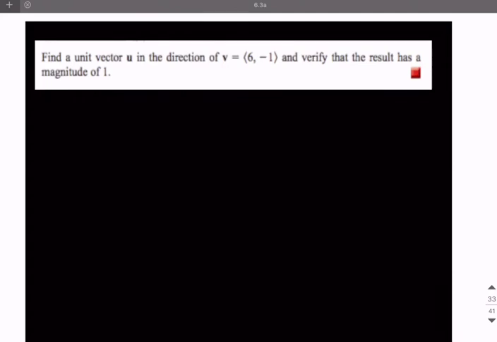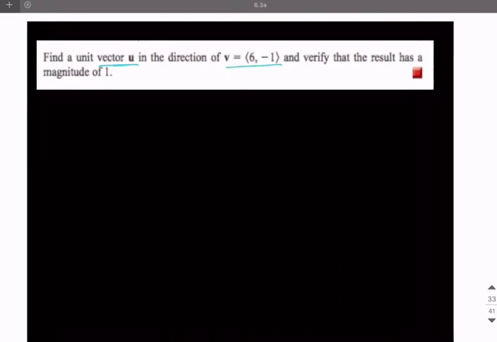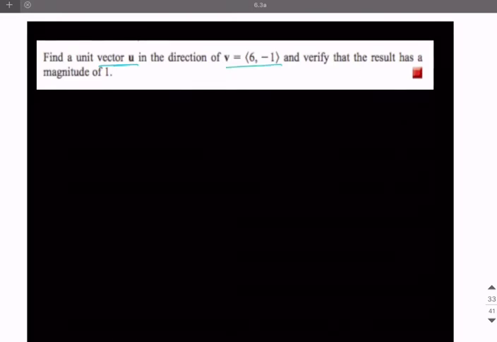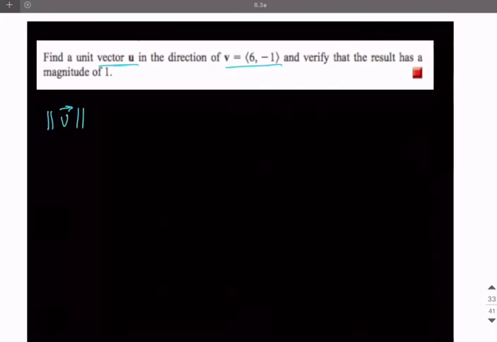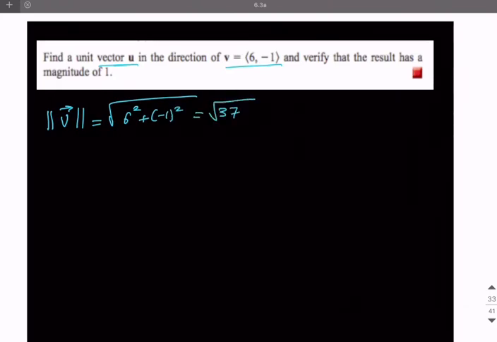We need to find the unit vector u in the direction of v = (6, -1). So the first thing we need to do is find the magnitude of v. That's very crucial. This is not very difficult to do. So 6 squared, that's negative 1 squared, so this is square root of 37. So this is the magnitude.